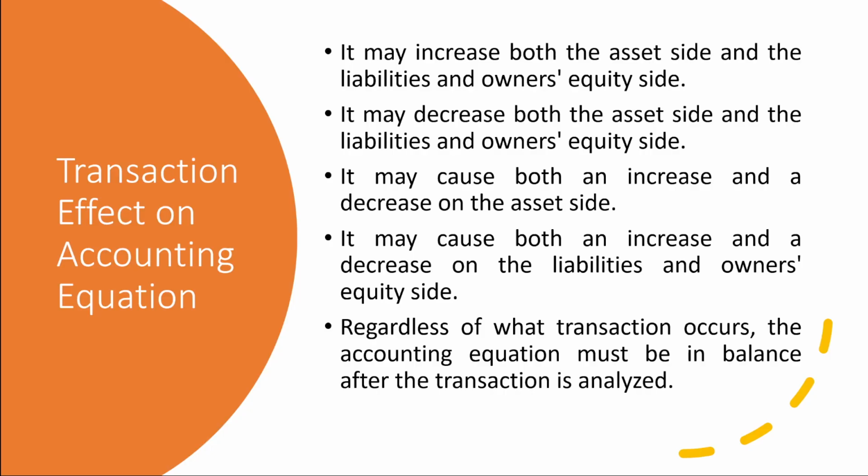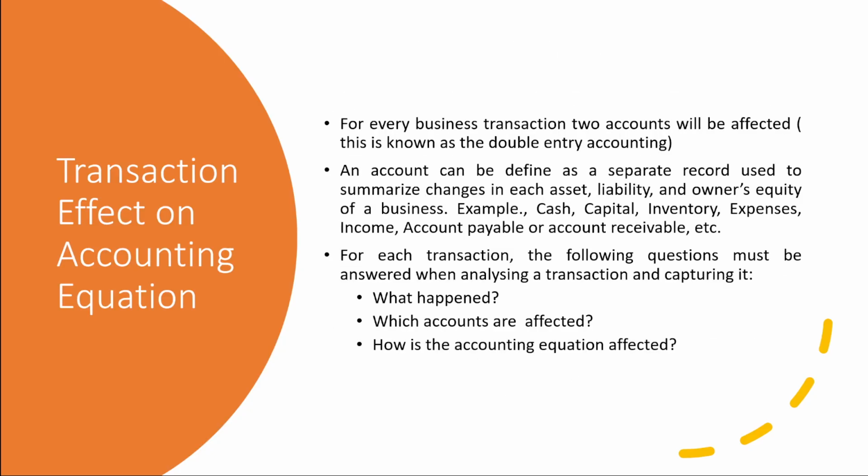So here it says that regardless of what transaction occurs, the accounting equation must be in balance after the transaction is analyzed. To be able to analyze the transaction, you will need to understand that for every business transaction, there will be a minimum of two accounts that are going to be affected.